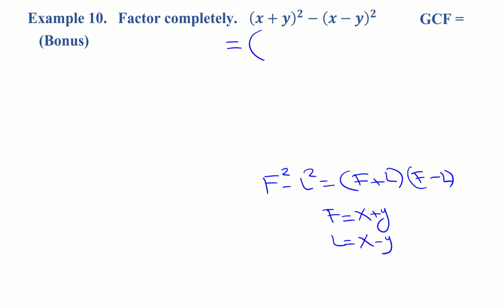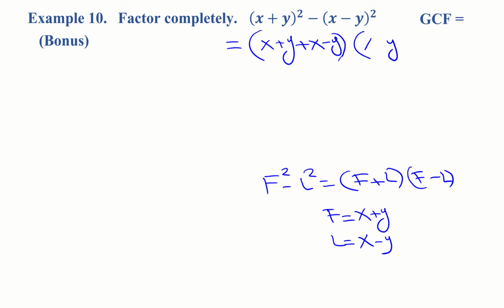So we get f, which is x plus y, plus L, which is x minus y. I didn't use parentheses because we're adding, and we normally don't need it when we're adding. The next one is going to be, now we're going to handle the f minus L part. So that's going to be x plus y minus quantity x minus y. Here we will need to use parentheses on the second part.